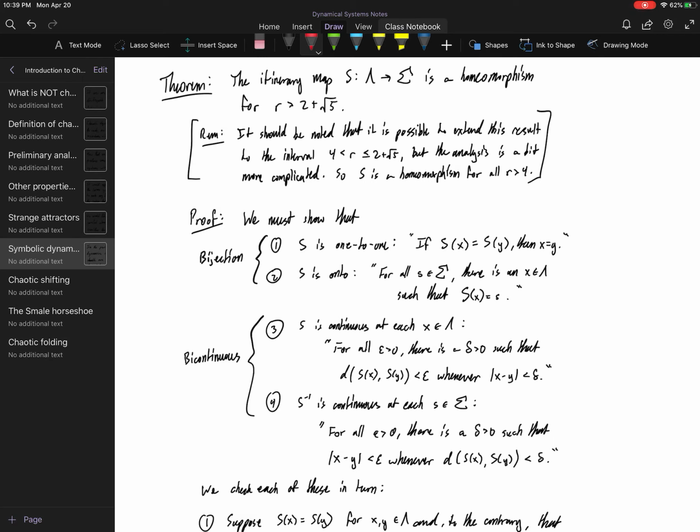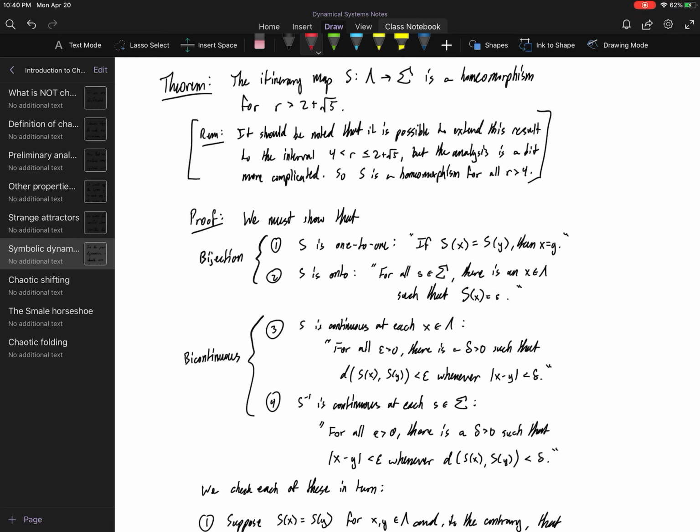Okay, so the homeomorphism that we're looking for is actually the identifying function, the thing that tells us how to go from lambda on the closed interval from 0 to 1 to a sequence in sigma. It's the idea of telling us where each iteration of that point falls, or where its pre-image falls in where its image falls after a certain number of iterations of the logistic map.